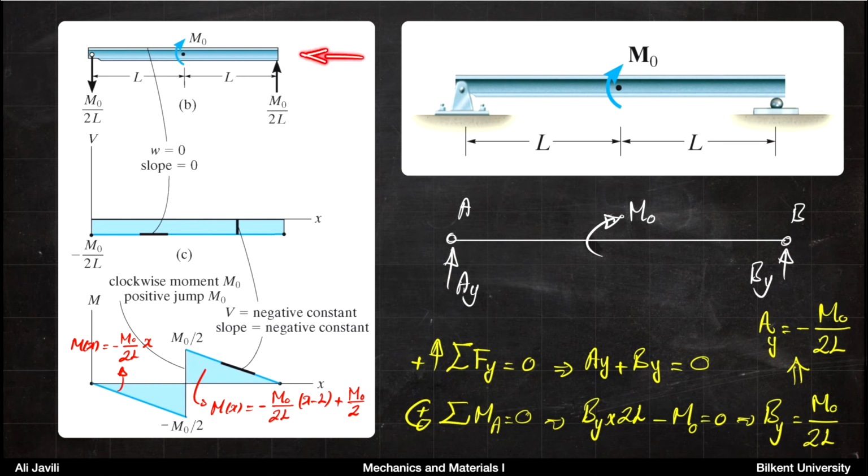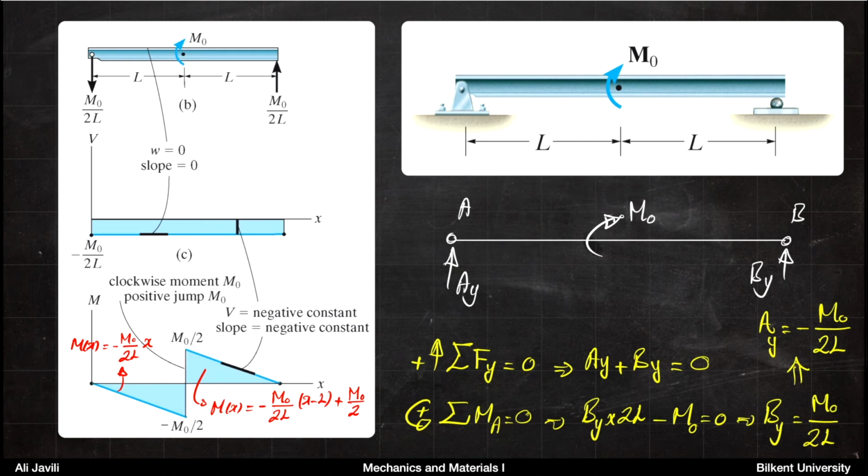Okay, so this would be our point of departure now. We know the reactions at the supports, and what we want to do now is to draw the shear diagram. And then once we have the shear diagram, we can draw the moment diagram from that.